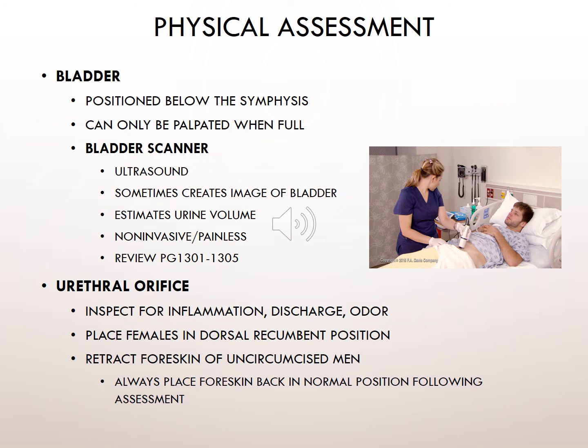It's always important, after you retract that foreskin, to place it back over the penis in normal position following your assessment. We don't want to leave it retracted. But these are things that you would want to observe and ask about in your head-to-toe assessment.